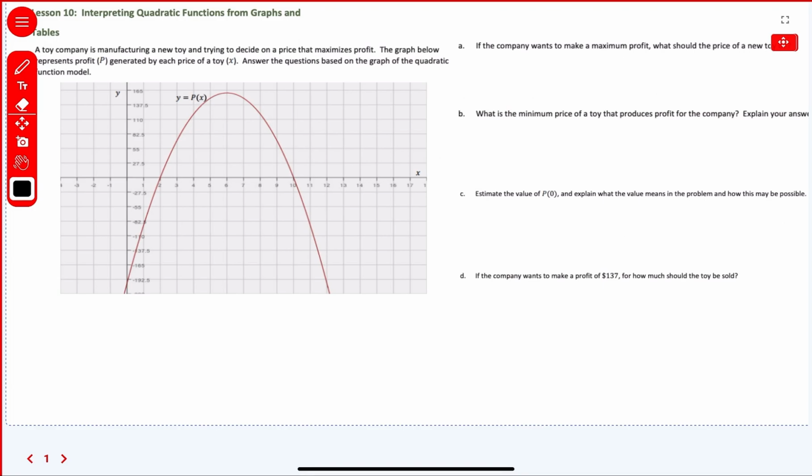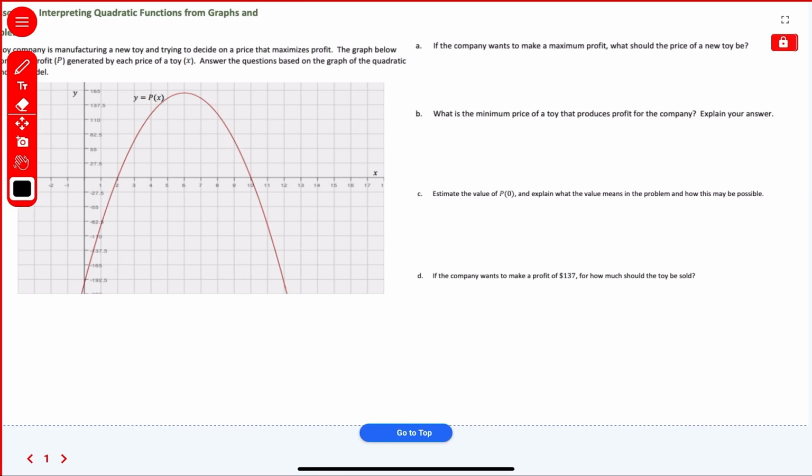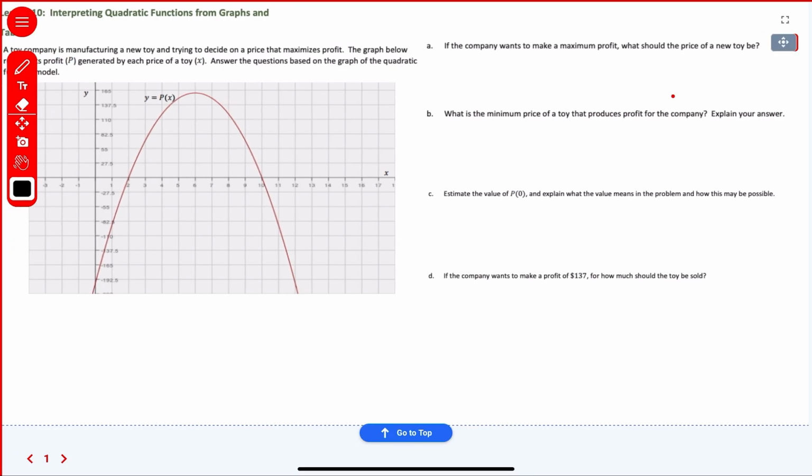So if we're looking at this, if a company wants to make a maximum profit, what should the price of the new toy be? Anybody? Look at the model, the graph.